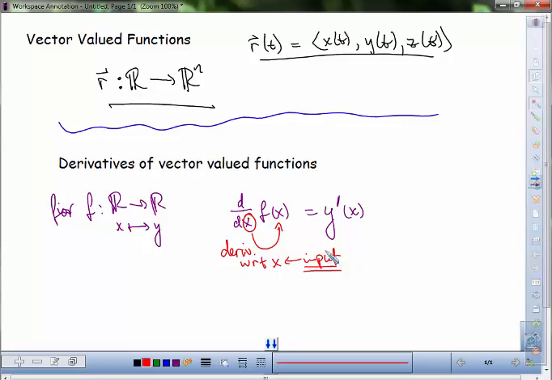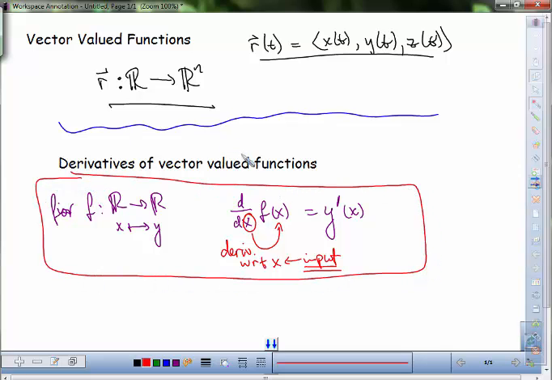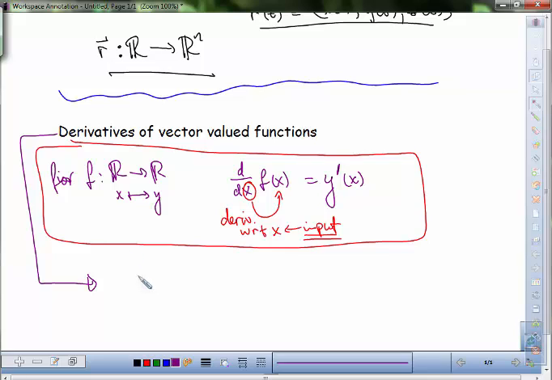So if we take a look at now our vector valued functions, what is our input variable? The parameter t. So if we were to take the derivative of a vector valued function, we would probably want the derivative of the vector valued function with respect to t.